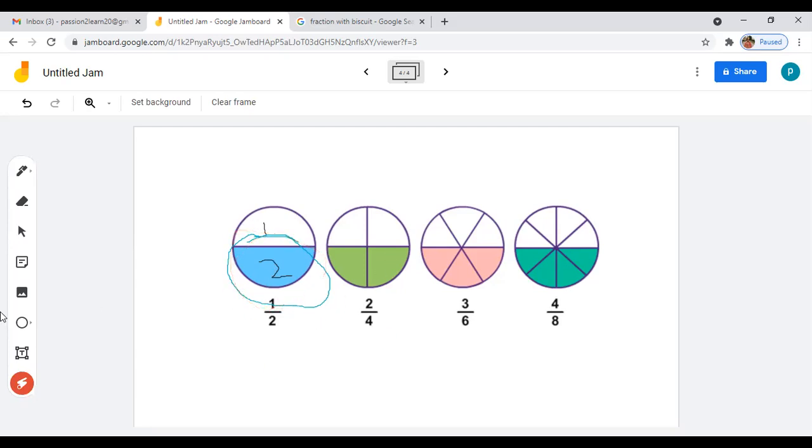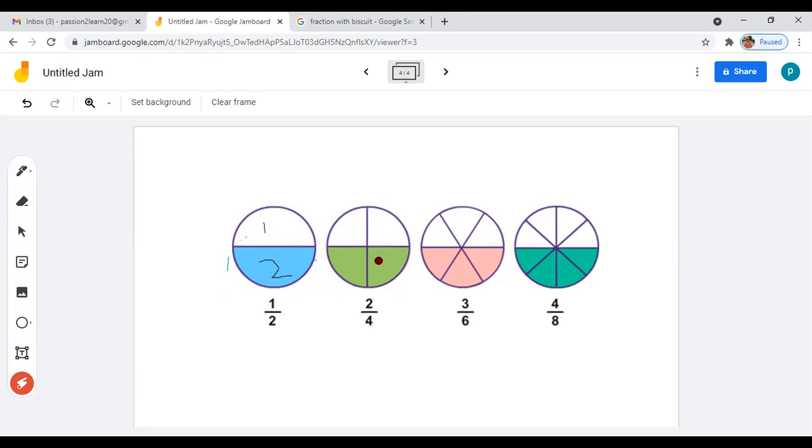Now let's look at the next one. In the next circle, again we are seeing some split ups. Here there are one, two, three, four split ups. And how many parts are shaded?